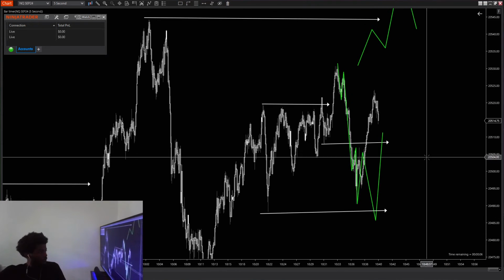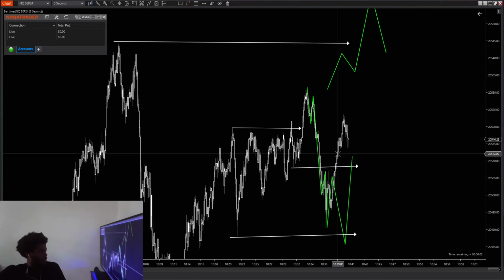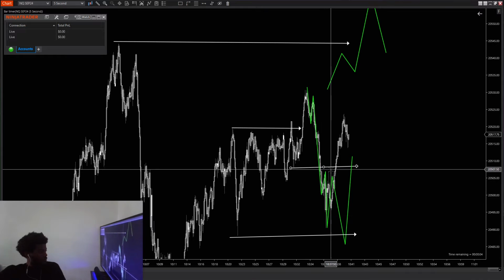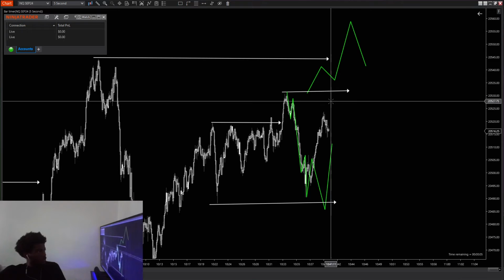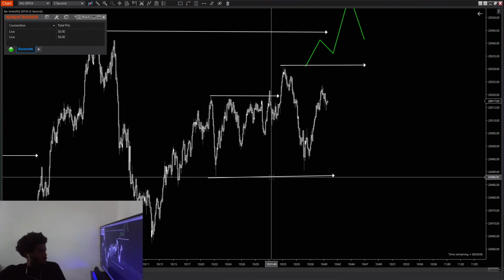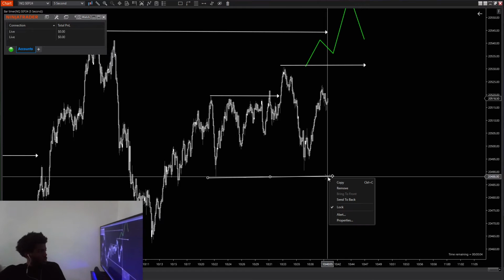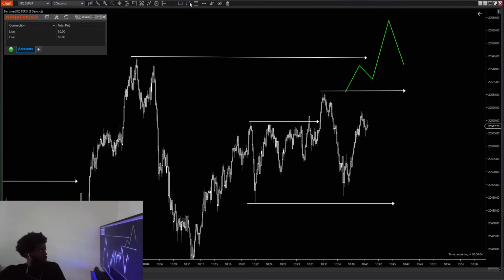So what I do know is that we have a structural high, and that this structural low is still holding.